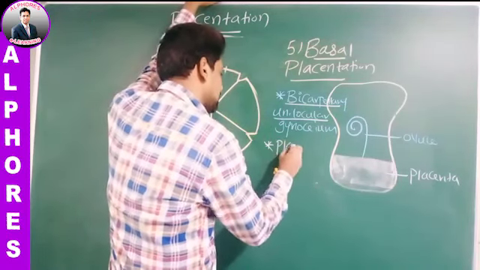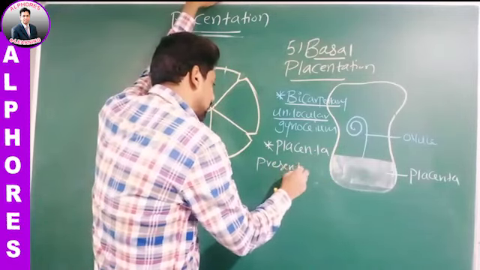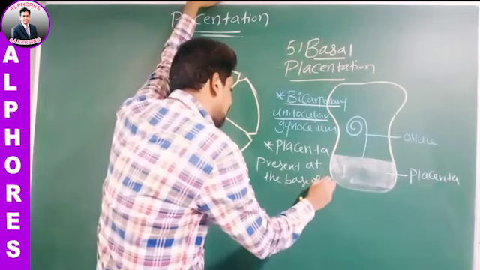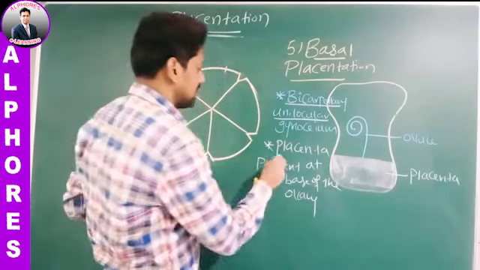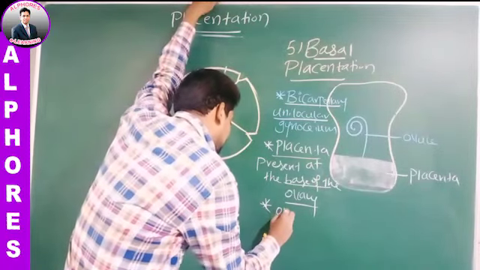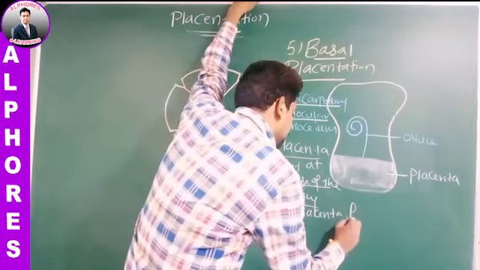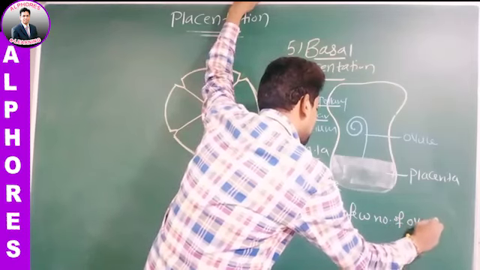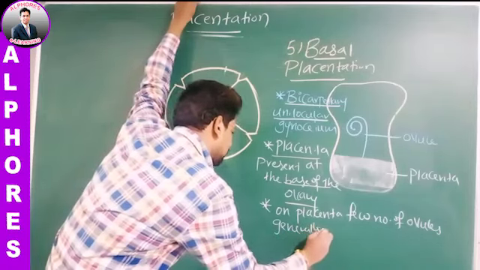The placenta is present at the base of the ovary. On the placenta, a few ovules, generally one ovule.